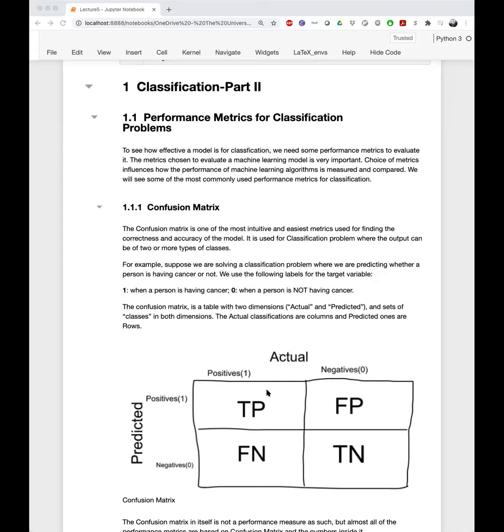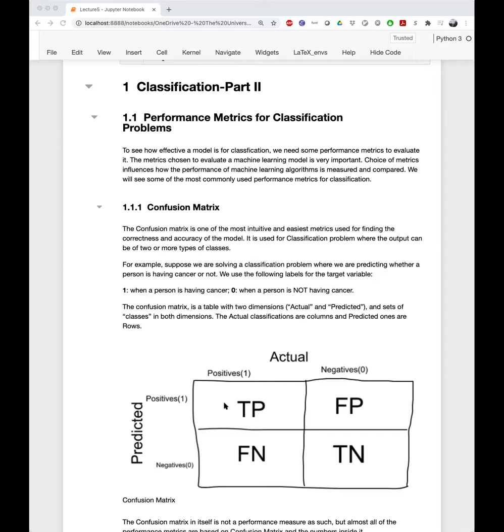That means the model predicts these patients have cancer. And the first letter, T, means true. True positive means the model predicts these patients have cancer, and it predicted correctly. This is the intersection of predicted positive and actual positive. The model predicts these patients are positive, and they're actually positive.